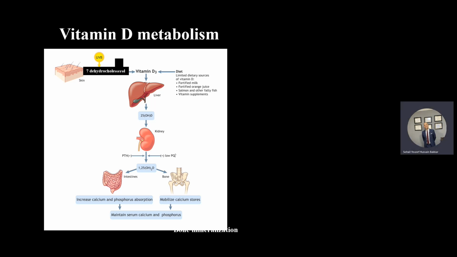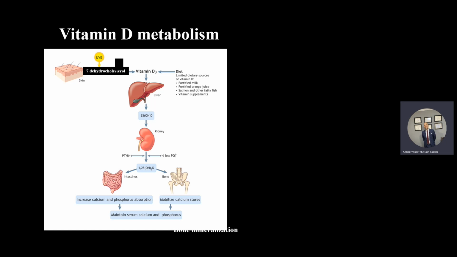Cholecalciferol or vitamin D3 is then subject to two phases of activation. The first is in the liver, where it undergoes its first hydroxylation and is converted into 25-hydroxy-cholecalciferol or 25-hydroxy vitamin D3.